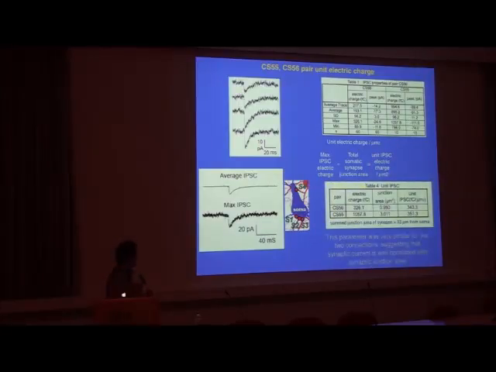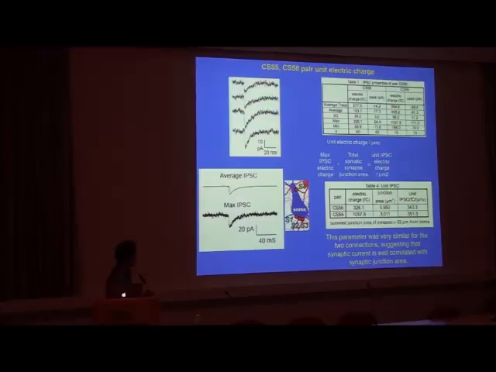And then this is the result. For CS56, the unit IPSC is 343.3 picocoulomb per square micrometer.